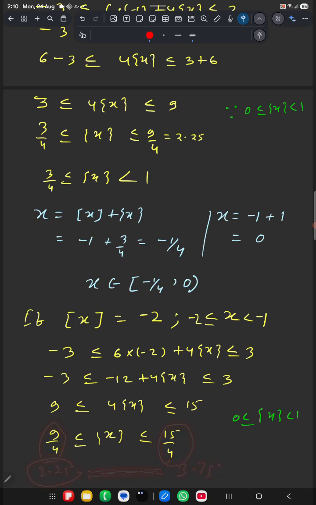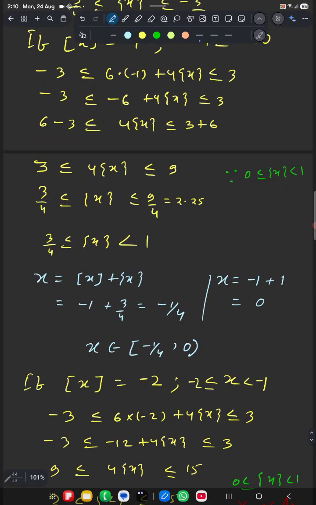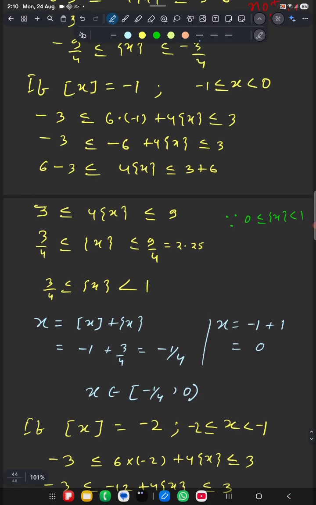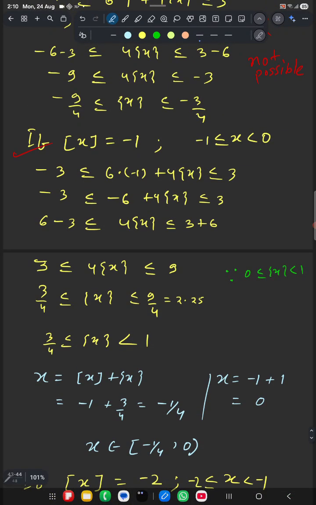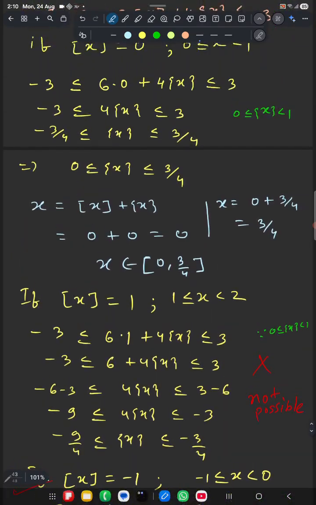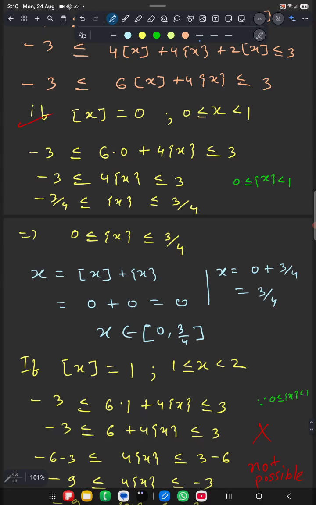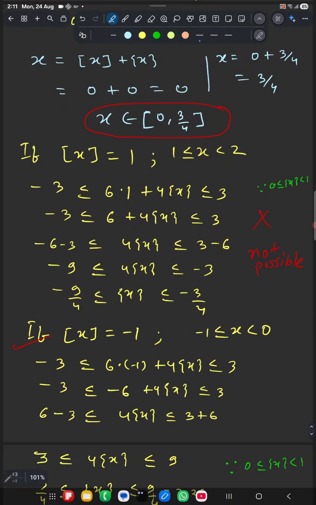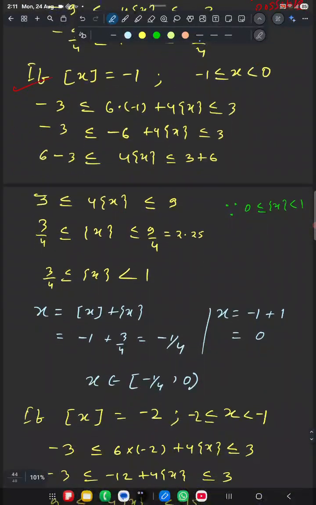So this option will also be cancelled, not applicable. So the parts which we require are this part and this part. By this you have got x like this: the closed interval 0 to 3 by 4.